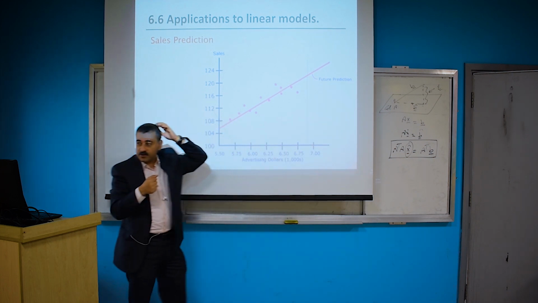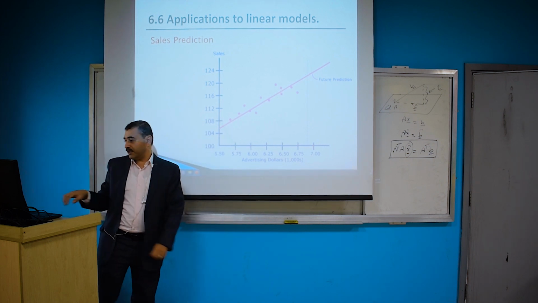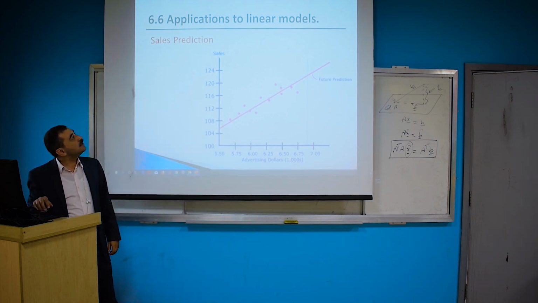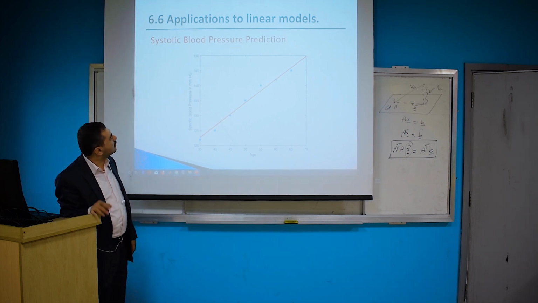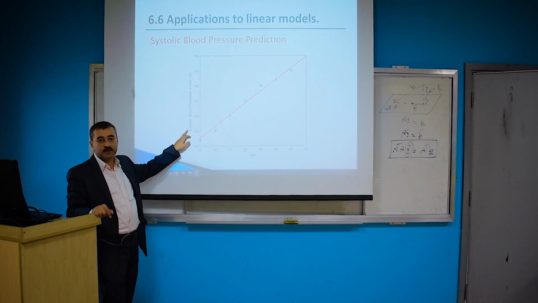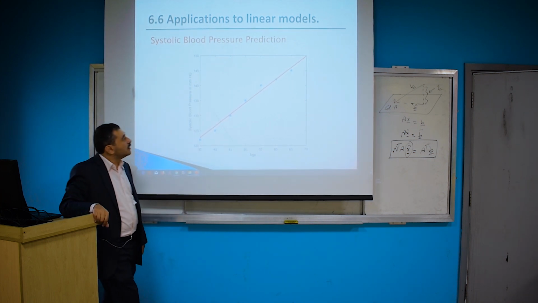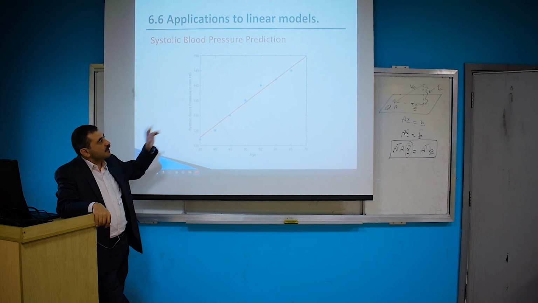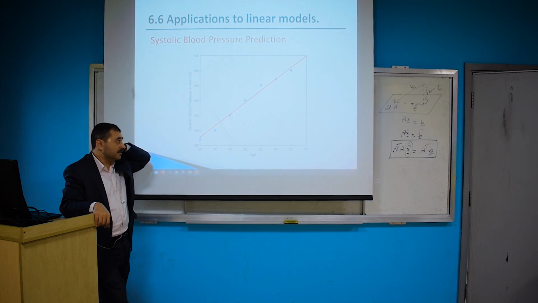Okay? So let's see how to get the best line that fits your data. You can have something like this. This is the systolic blood pressure for some patient against the age of the patient. So you get again here some points, and you want to find the best line to fit your data.